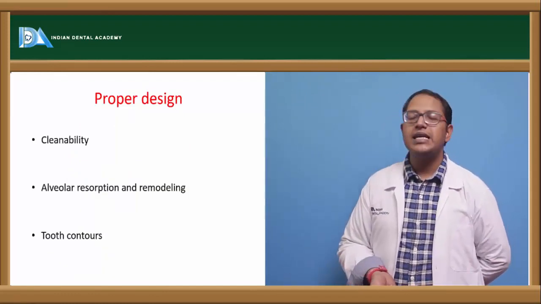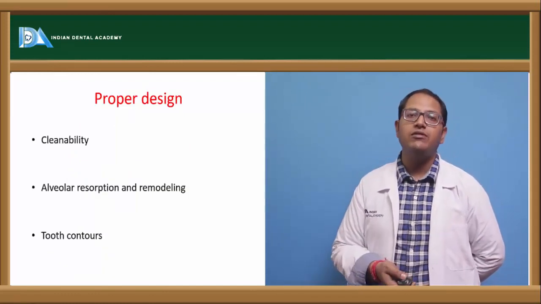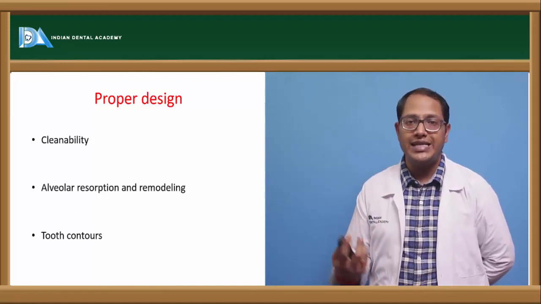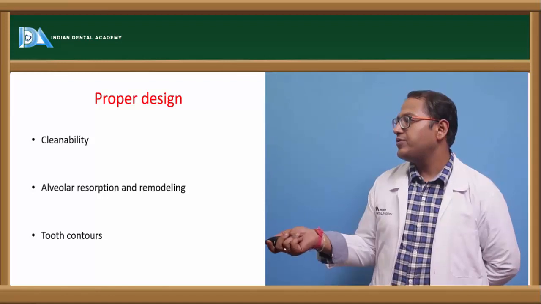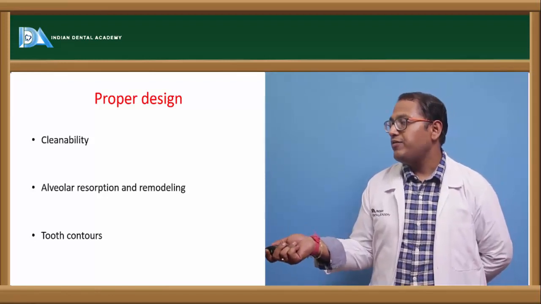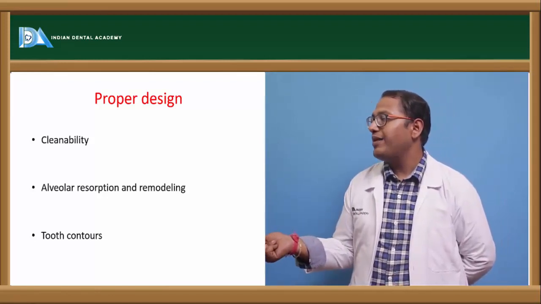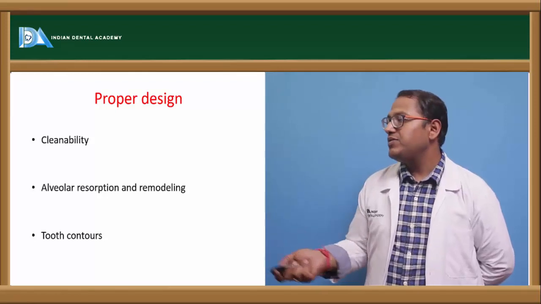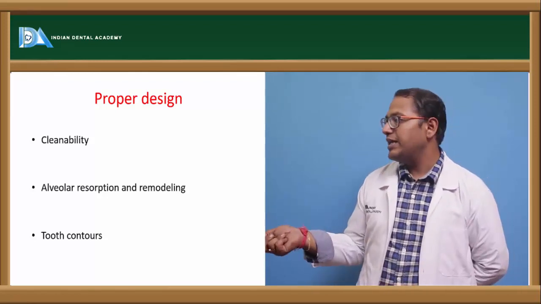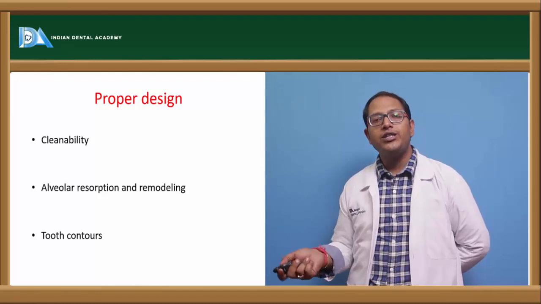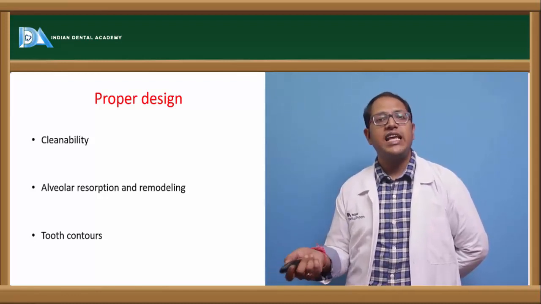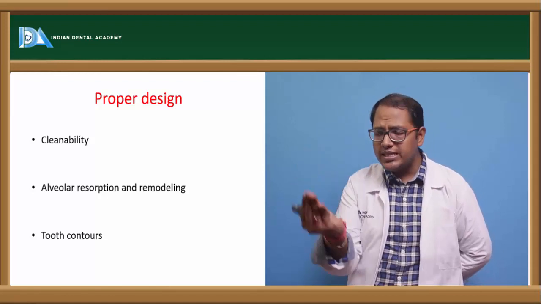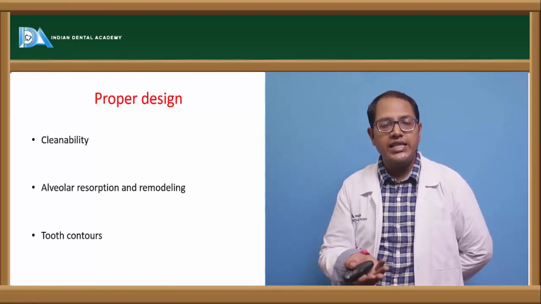Coming to the proper design. For the proper design, the things that we need to classify and consider for a Pontic are cleanability, alveolar resorption and remodeling, and tooth contours. Now let's see one by one. Cleanability. A Pontic should be designed such that it has a surface which is self-cleansable. It should be a C shape from below, a concave surface.